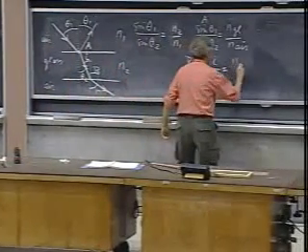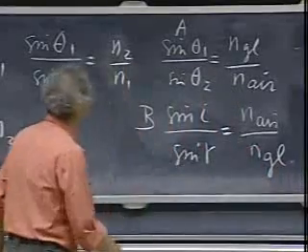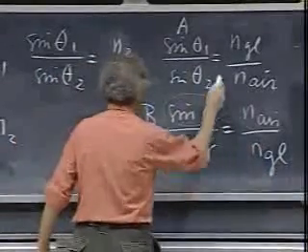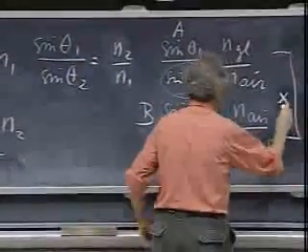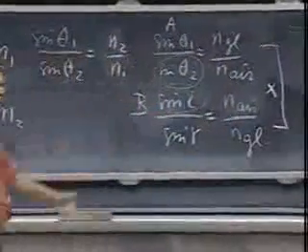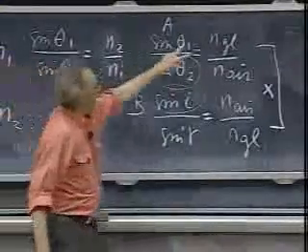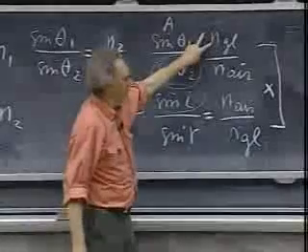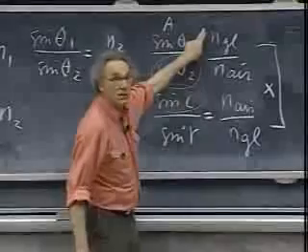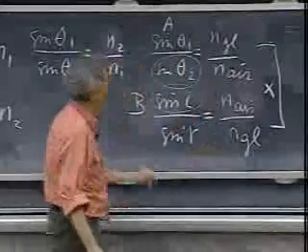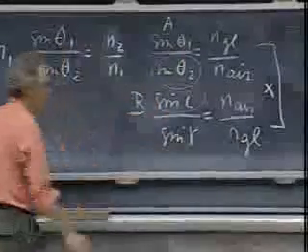So this is n air divided by n glass. And we already agreed that I is theta 2. And so when I multiply these two equations, on the right side I get exactly 1, independent of the color of the light. If blue light has a different index of refraction than red light, that doesn't matter, because I have the same one here that I have there. And so you get exactly 1 on the right side, so you must get exactly 1 on the left side, and so the consequence is that theta 1 must be R.